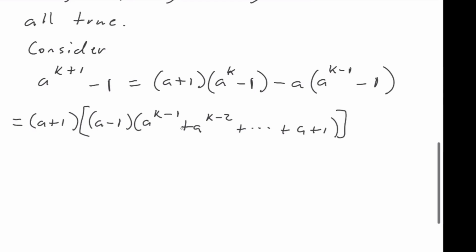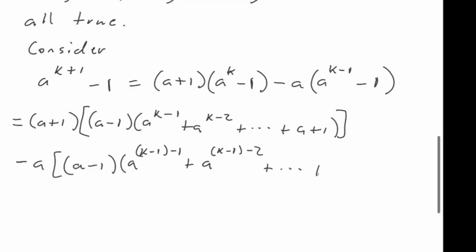Yep. And then minus a times, and then the same thing here. It's a minus 1, and then it's going to be a sub k minus 1 plus a sub k minus 2, plus dot dot dot plus a plus 1.